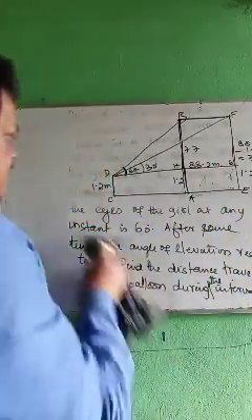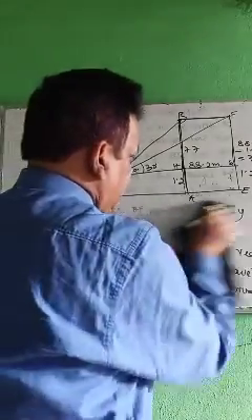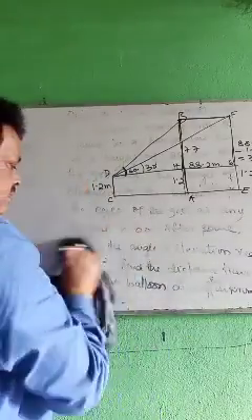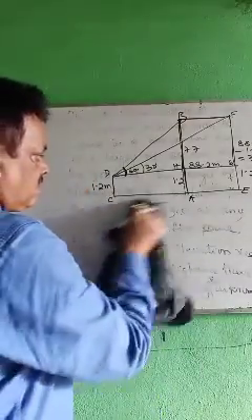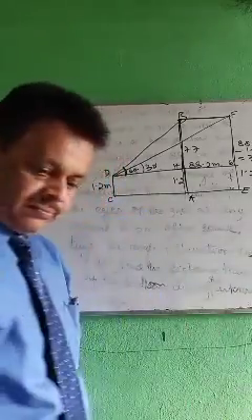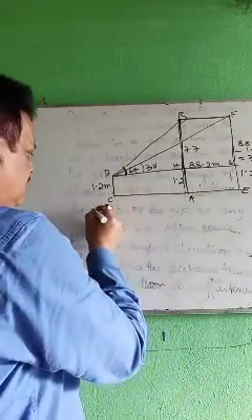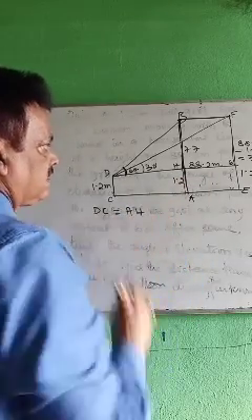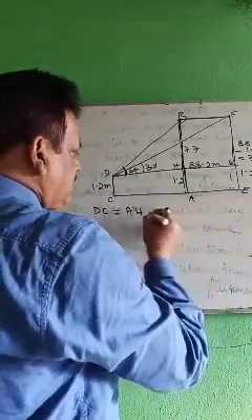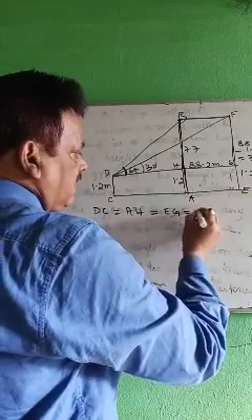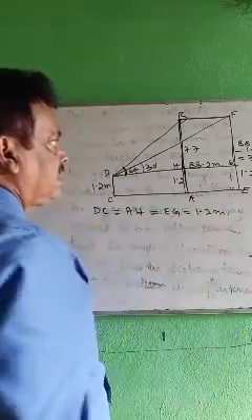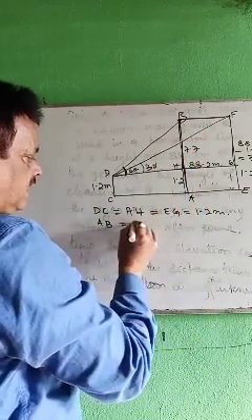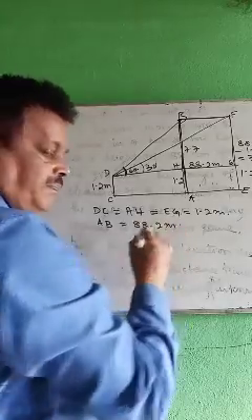Okay, now look how many things you have to do here. See it carefully. First, BC equals AH equals EG, that is 1.2 meter. AB is 88.2 meter.